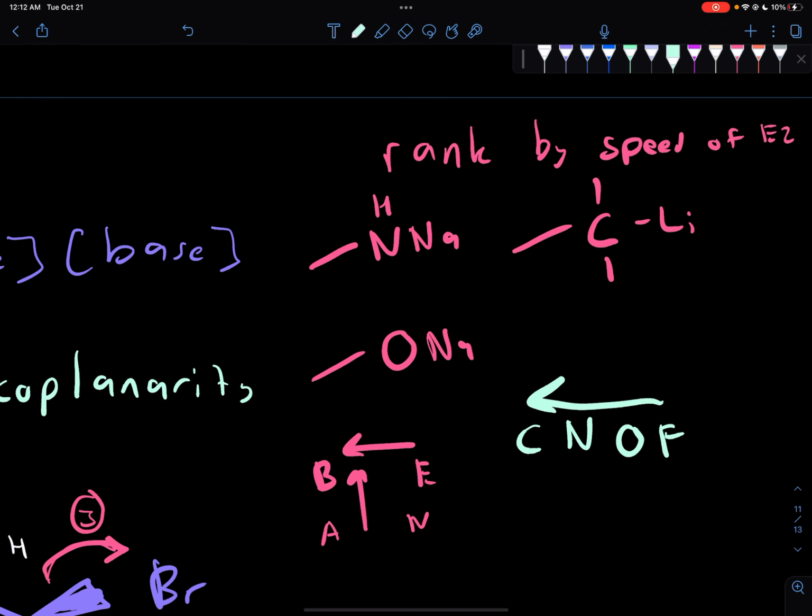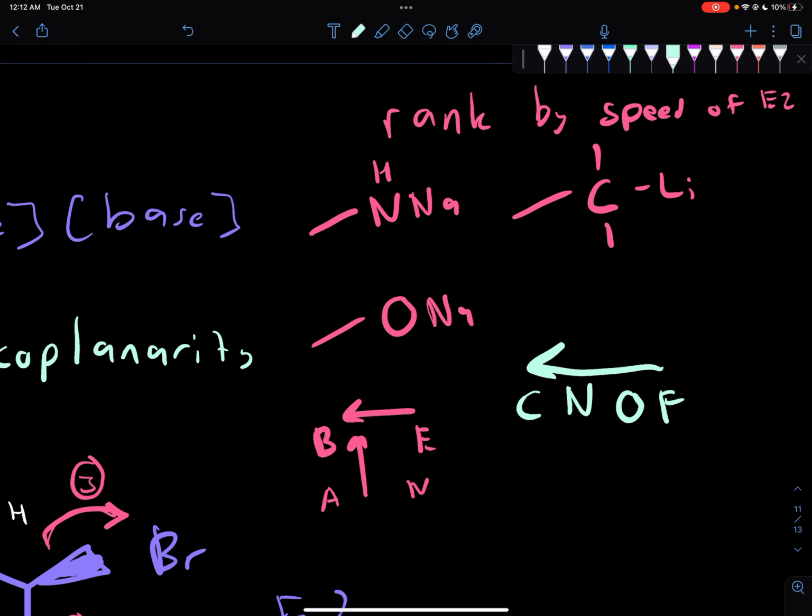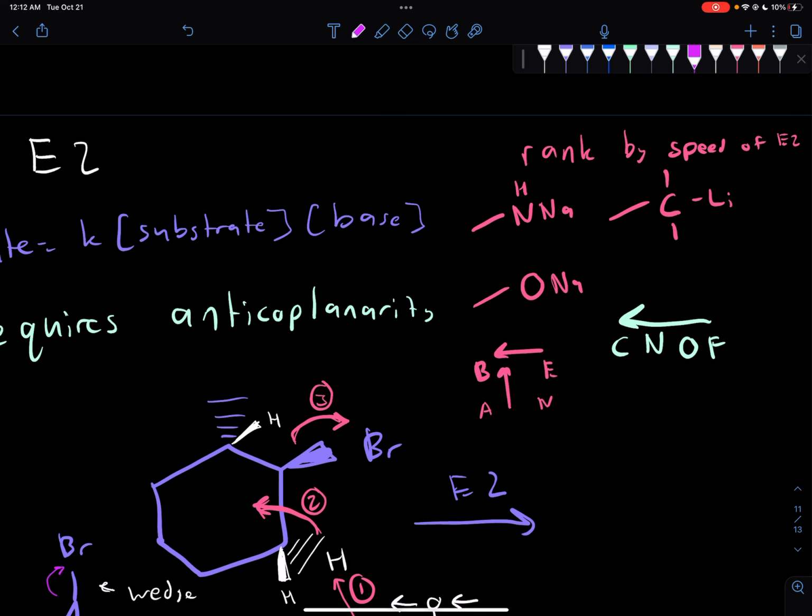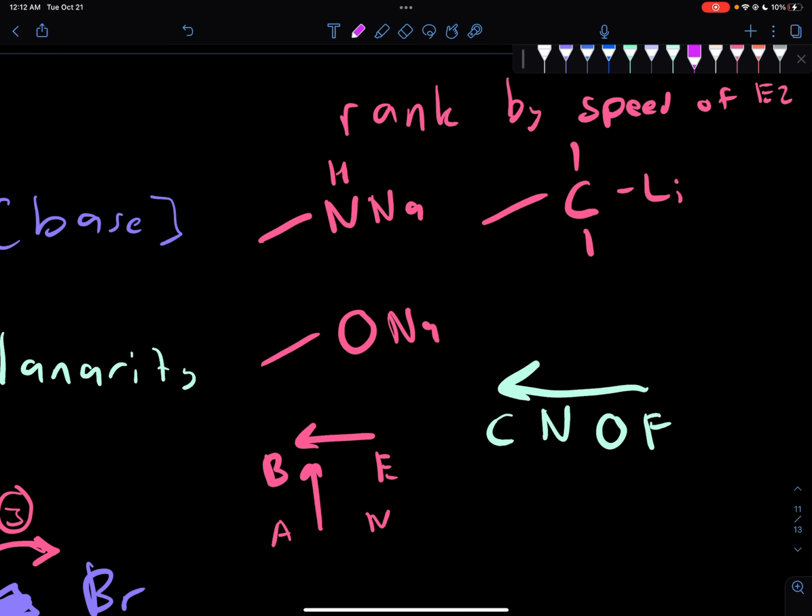Carbon is furthest to the left, and then we got nitrogen and oxygen. Since basicity affects your E2, you want to look at basicity. So the carbon one would be number one, the nitrogen one would be number two, and oxygen would be number three.